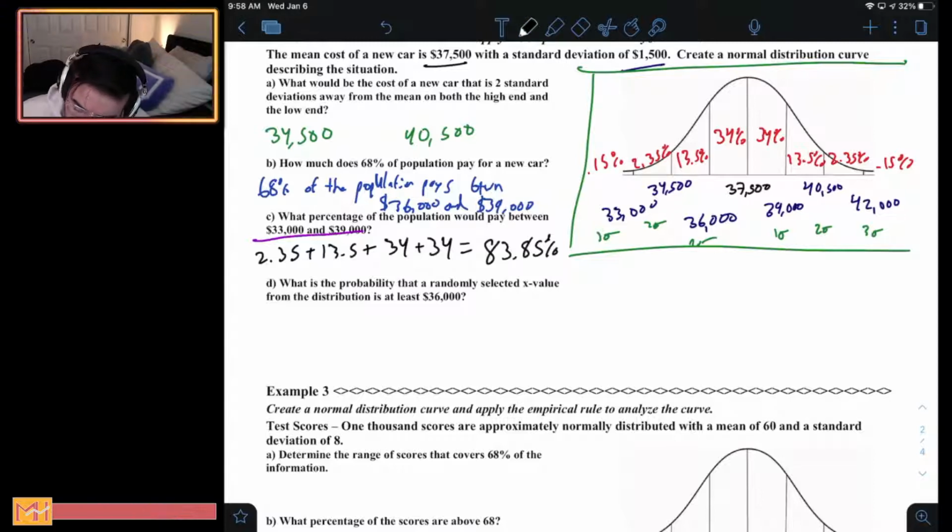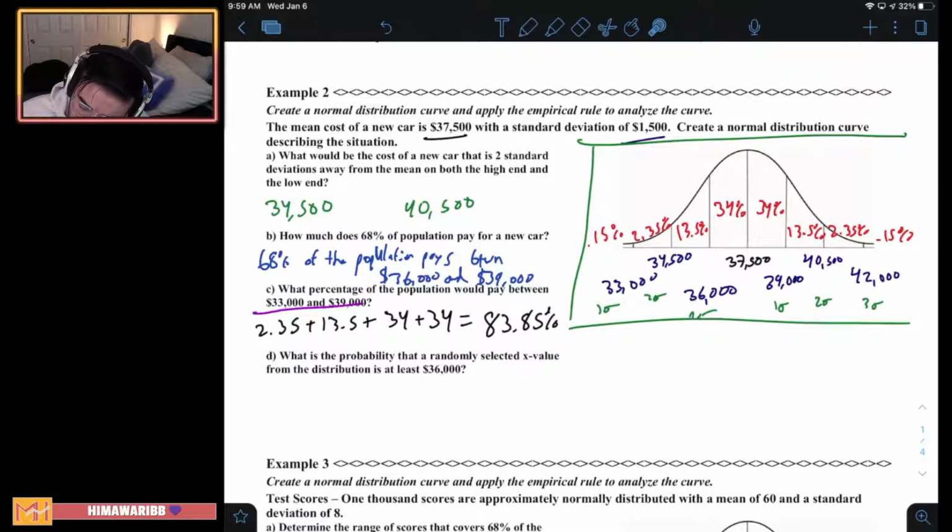What is the probability that a randomly selected x value from the distribution is at least 36,000? So that means it's 36,000 or bigger. I want to show you a slight shortcut to make the math a little bit quicker. 36,000 or bigger. Well, I immediately know 50% of the data is right there.